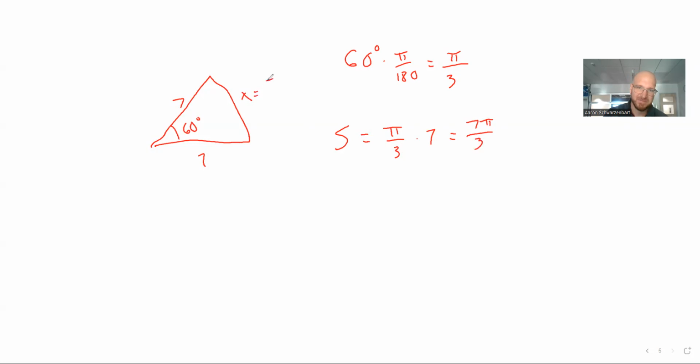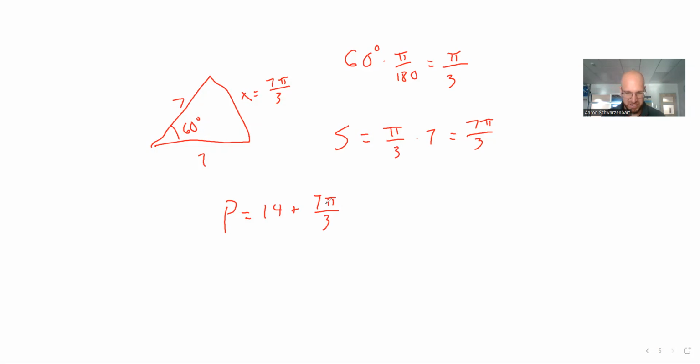My perimeter is the total distance around. 7 plus 7 is 14, plus 7 pi over 3. You probably don't want it like that. You probably want to use a calculator. It's going to be close to 21.